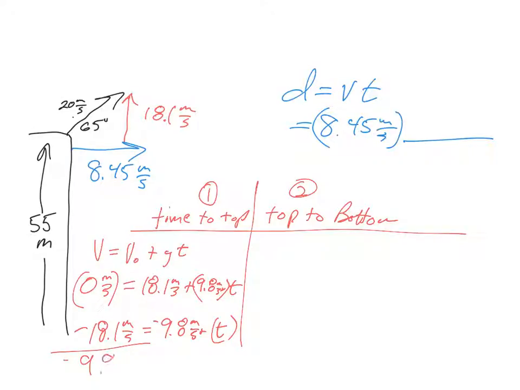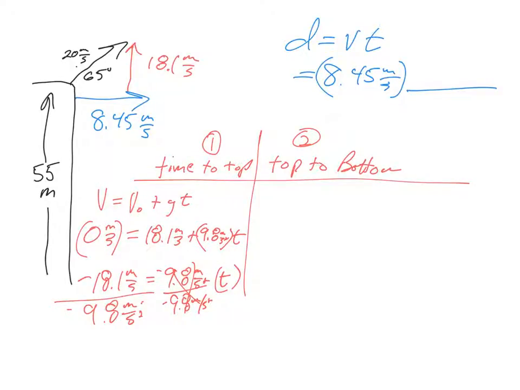Let's divide that gravity out of there, and what I do to one side, I have to do to the other. So 18.1 divided by 9.8. My time up is 1.84 seconds.